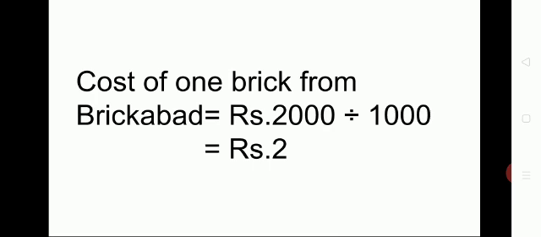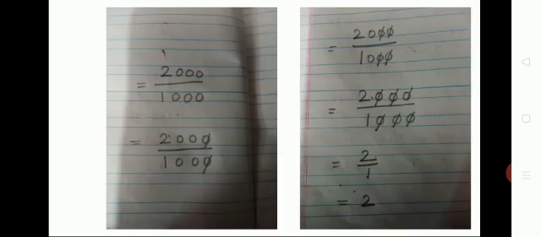So how do you calculate? Look here. 2,000 divided by 1,000. You cancel the 0: 10 in the numerator and 10 in the denominator. Then in the next step, one more 0 in the numerator and one more 0 in the denominator, you cancel like that.